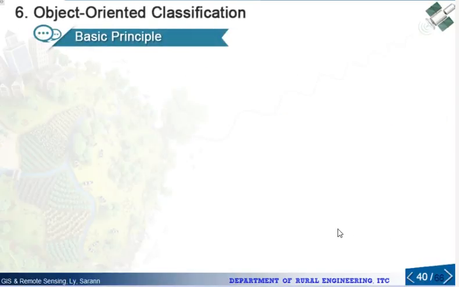Now we look at another classification method we call object-oriented classification. The basic principle is that the method cuts the image into objects, or segments, through the segmentation process.